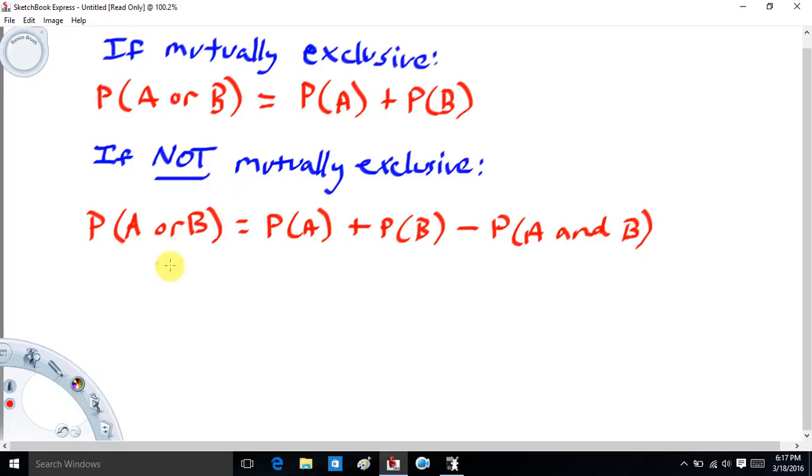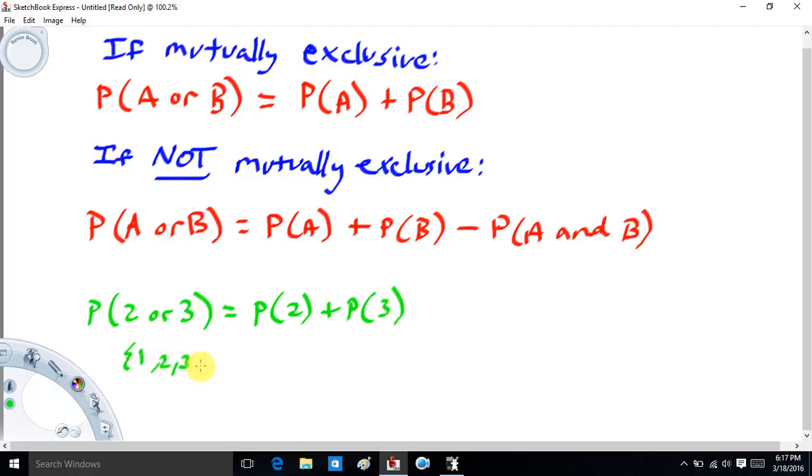So let's do an example. The probability of rolling a 2 or 3 when rolling a 6-sided dice. Well, we know the 2 and 3 cannot occur together, so it is mutually exclusive. So we need to find the probability of rolling a 2 plus the probability of rolling a 3. When we roll a 6-sided die, the sample space is this.